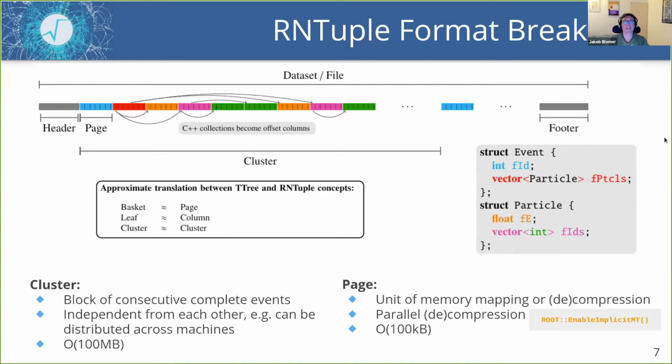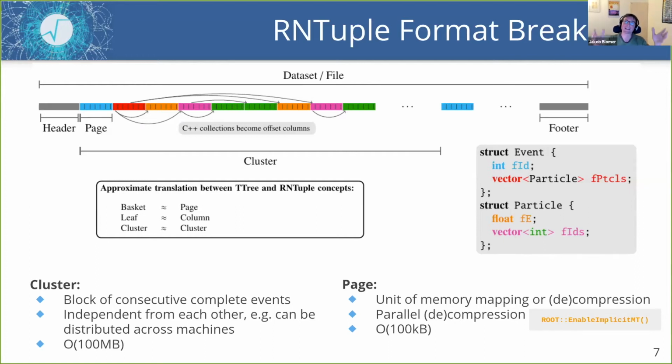And we group this into pages and clusters, so into blocks of sizes that work well by some definition of well. The idea is that a cluster contains all the data of a certain event range, and they are more or less independent from each other, and typically they are like 100 megabytes in size.